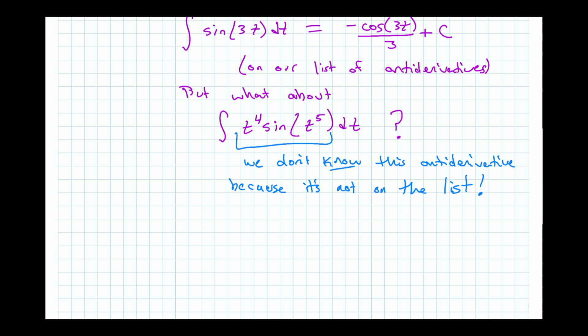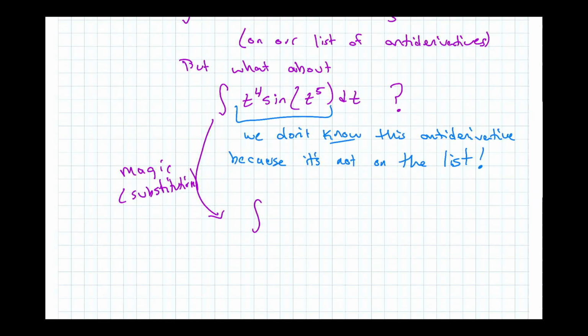So you need to recognize that this is not something that you're supposed to know the answer to. And when we do substitution, what will happen is magic will happen. The magic is substitution, so it's not that magic. And after you do the magic, it's going to be something like this.